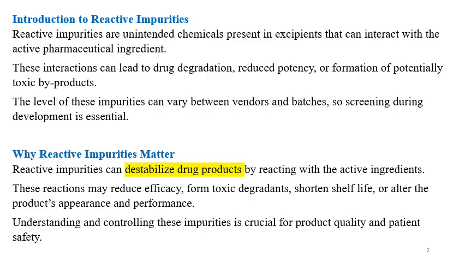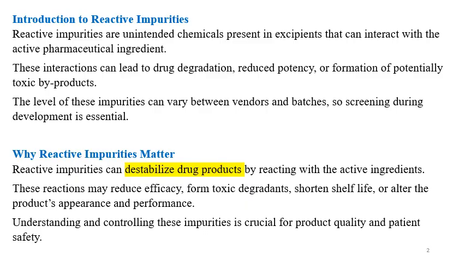We cannot formulate the product without impurities. We cannot manufacture the APIs without impurities. Similarly, we cannot make the excipients, we cannot make the raw materials without impurities. The reactive impurities are the unintended chemicals present in the excipients that can interact with the active pharmaceutical ingredients.